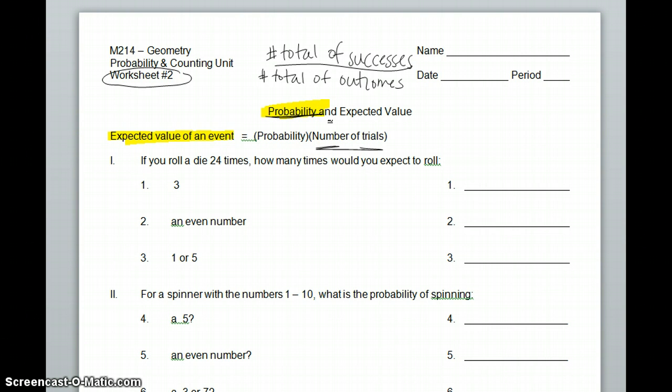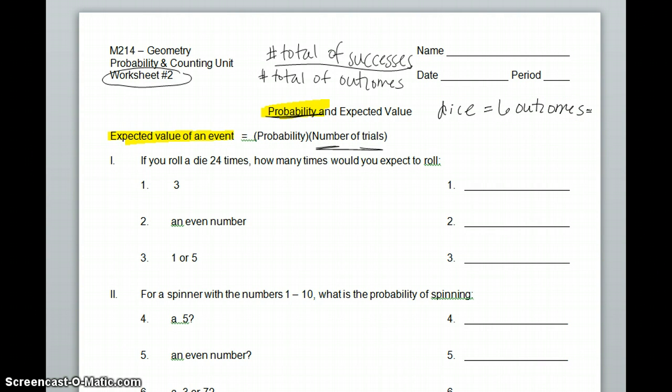So it says, for example, if you roll a die 24 times, how many times would you expect to roll a 3? Well, first of all, what's the total number of outcomes that you could have when you roll a die? A die has 6 outcomes.